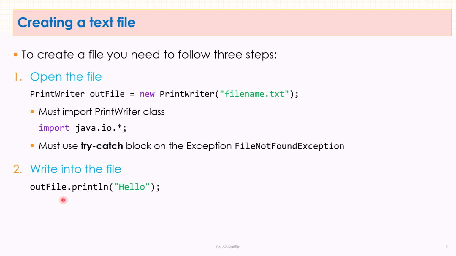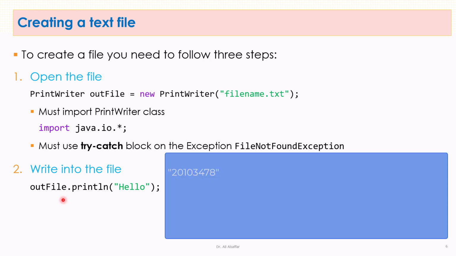What you need to understand is that writing a number as a string into the file, when it is enclosed between double quotation marks, is not the same as writing the number in binary. For example, suppose you want to write the student ID 20103478 into a text file. Since the number is represented as a string, then each digit will be represented by the corresponding ASCII code.